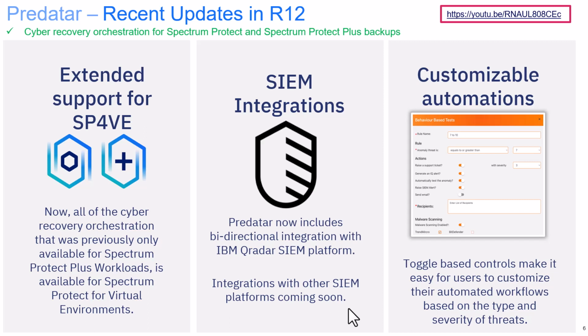And then based upon these automation rules you've set up, you can determine what you want to do with that threat. If you want to generate some type of SIM alert, if you want to generate an internal ticket for your IT folks to look at, if you want to scan that backup for malware. So this control to customize your automations has been updated. So be sure to check out that demo on Predatar and how it provides cyber recovery orchestration for your backups.